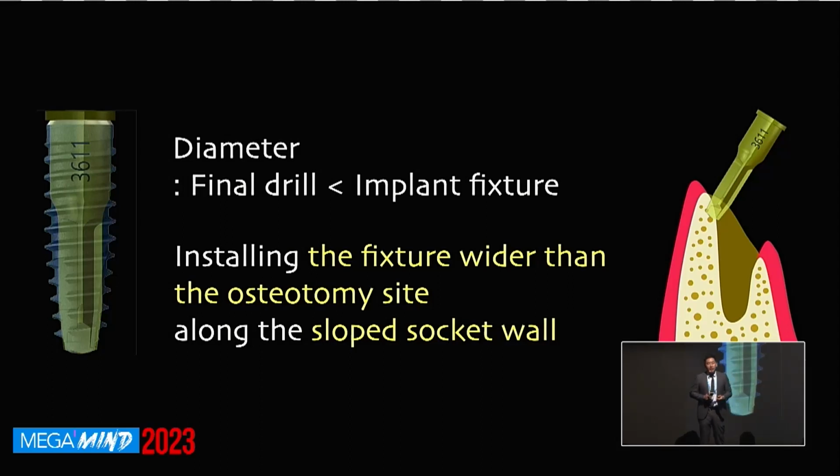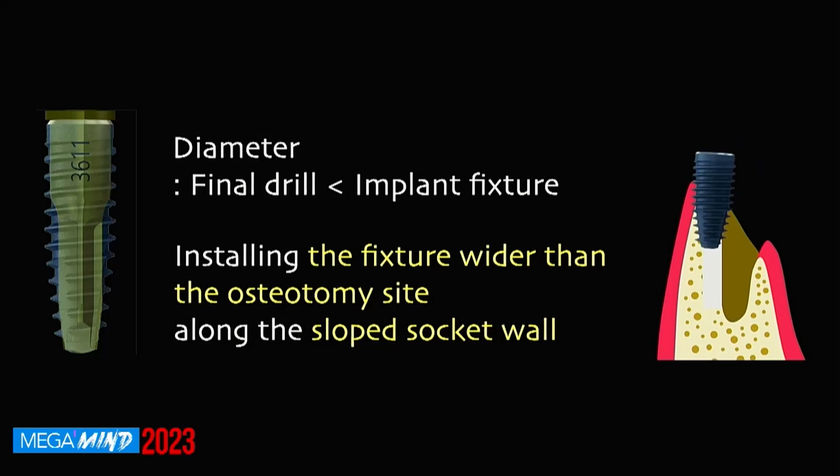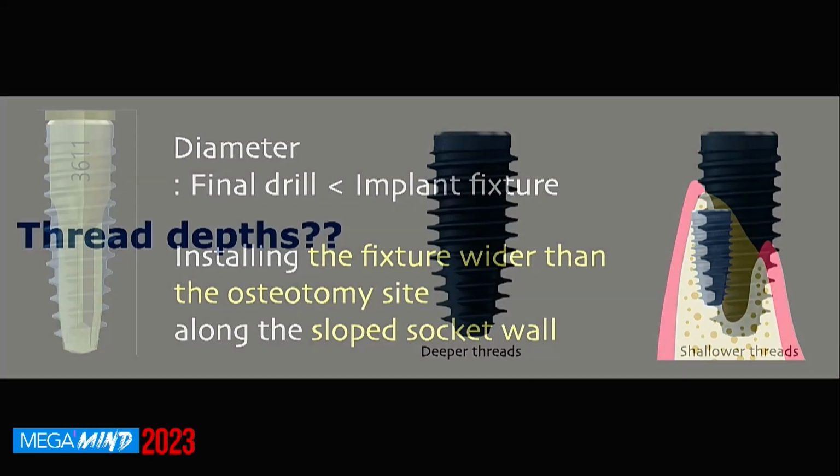In the case of immediate implant placement, the osteotomy site is located along the slope of the wall. So when we do the osteotomy and when we place the implant, we always feel this kind of resistance, and if the resistance gets bigger, there is more chance of being pushed away from the wall.